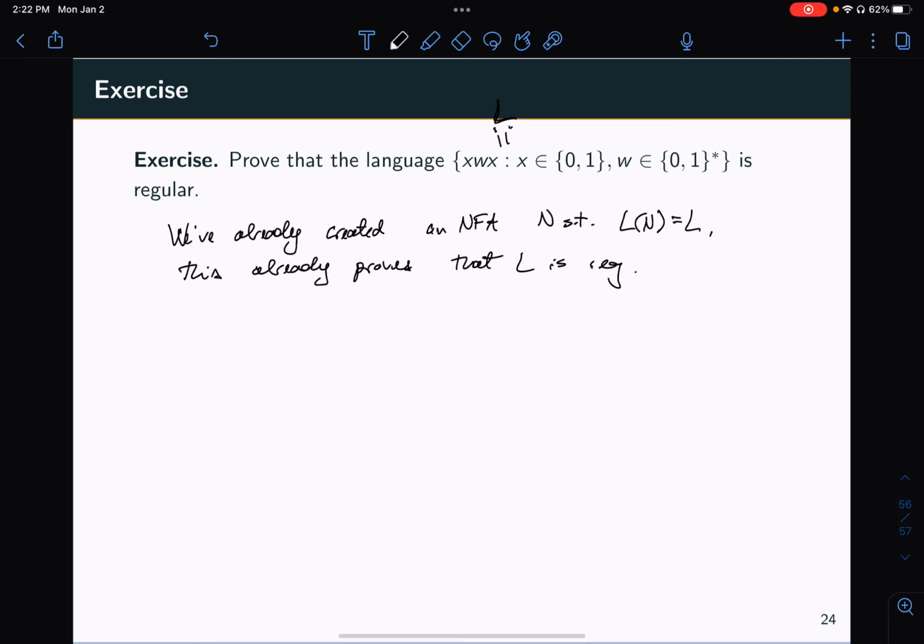We don't have to do any extra work of converting the NFA to a DFA. This is quite nice, because like I said, sometimes building DFAs can be very tedious, whereas the equivalent NFA could be quite simple and quite elegant. Okay, excellent. And so this concludes our discussion of the equivalence between NFAs and DFAs.